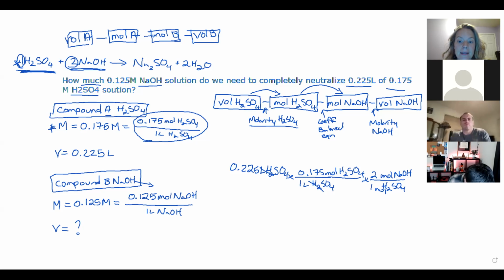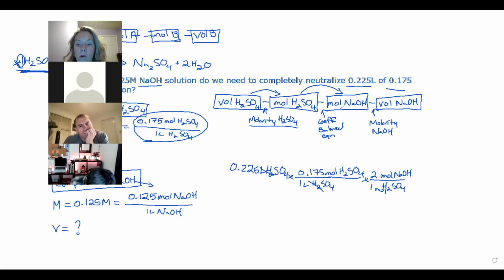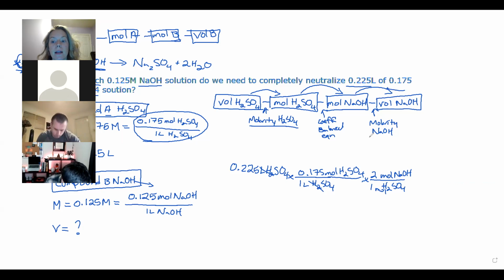The last step is to go from moles of NaOH into volume of NaOH. Now, how do I do that? Well, I'm going to use my molarity of NaOH, this thing right here. But instead of using it in this setup, I'm going to reverse or flip-flop it.